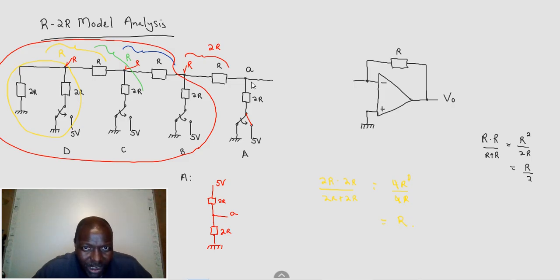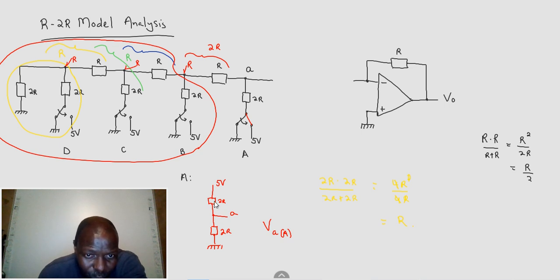So as far as we are concerned now, I'll call it VA, the voltage at point A, produced by the A source, is simply this.